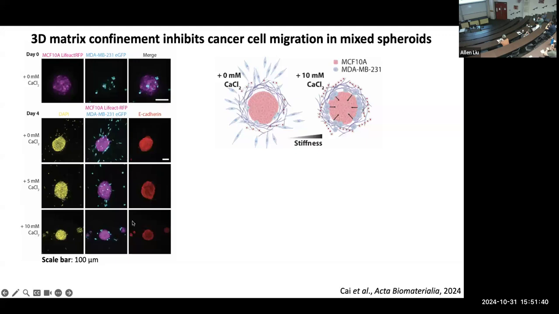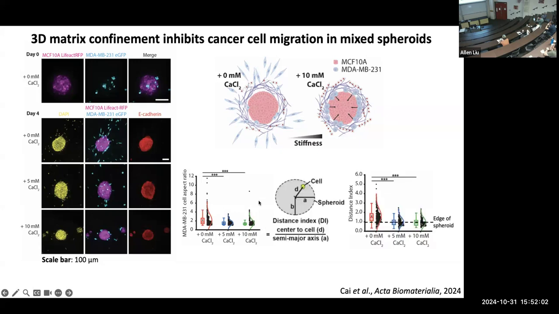When you have high calcium, they're less migratory, again as you expect. So we can calculate the cell aspect ratio, which describes the elongation of a cell. The cells are very elongated, they're more migratory at the 0 millimolar calcium level, and it decreases with calcium.